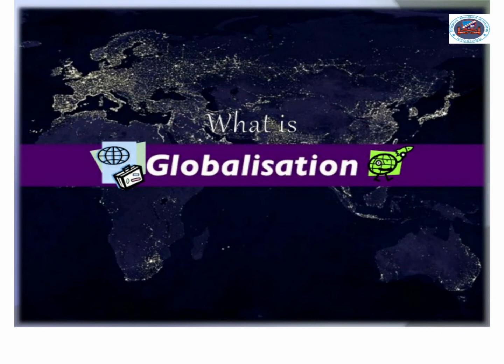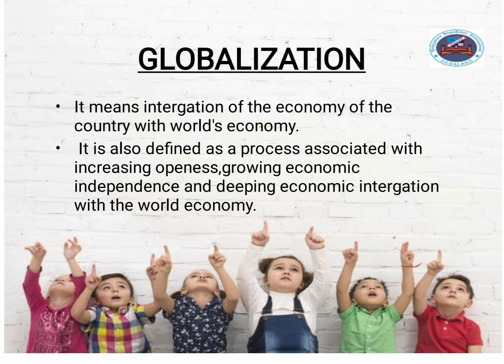The third feature under economic reform is globalization. You might have already learned this feature in class 10. So, globalization implies integration of the economy of the country with the world economy.